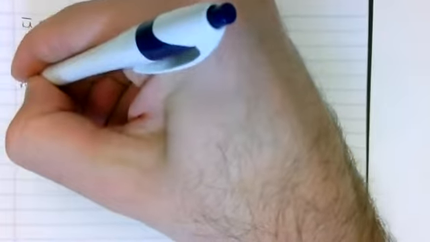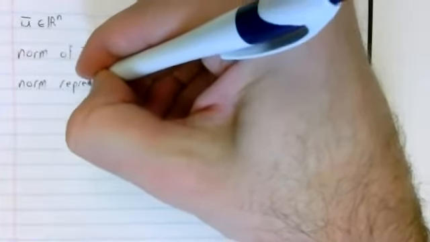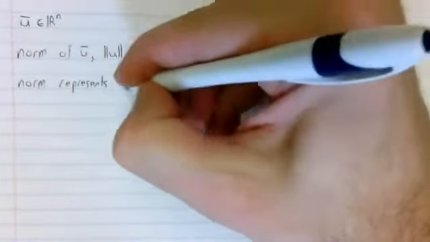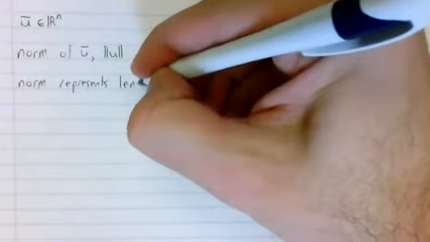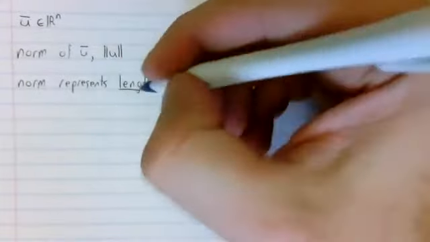Our geometric intuition is that the norm represents the length of a vector.